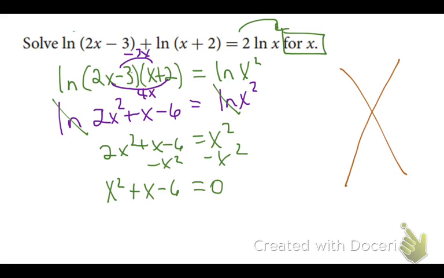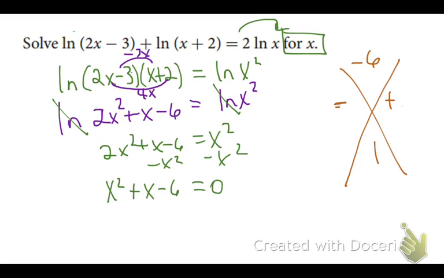Okay, what's going to go above? What's going to go below? 1. What's your sign combination? Negative, positive. Factors of 6 subtracted give you 1. What are they? Which one's the positive?